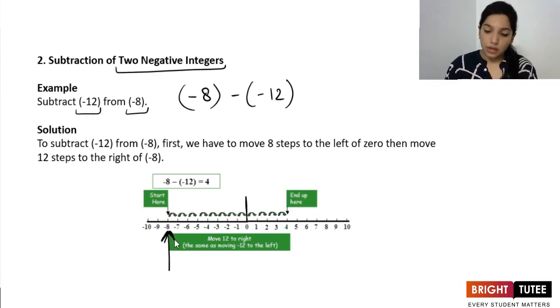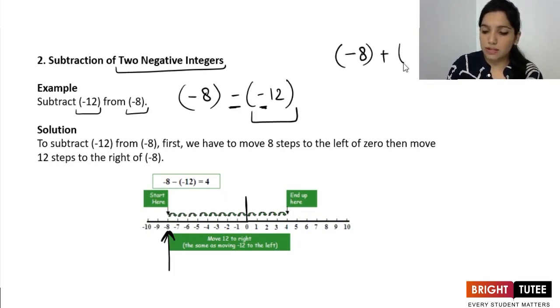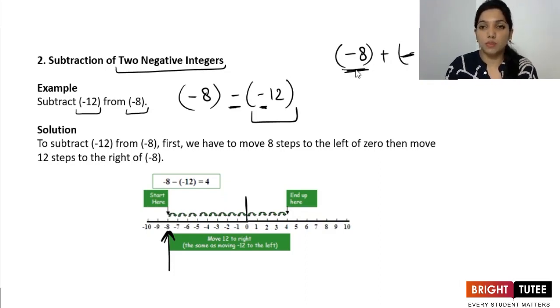Then it says we have minus of minus 12. Listen to this carefully. Move 12 to the right, the same as moving minus 12 to the left. If you were supposed to add them, if you had minus 8 plus minus 12, then if you were at minus 8, you would simply move to the left direction.